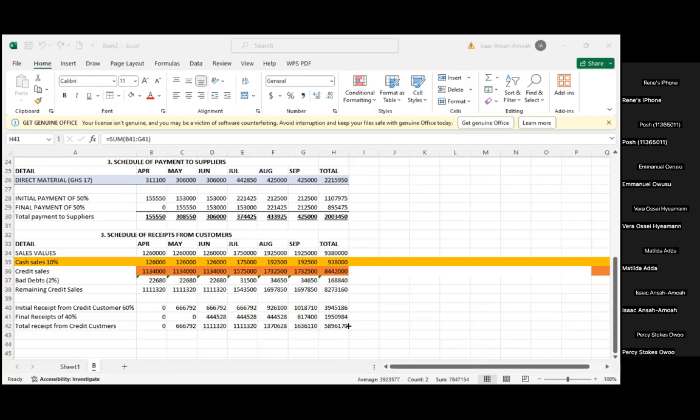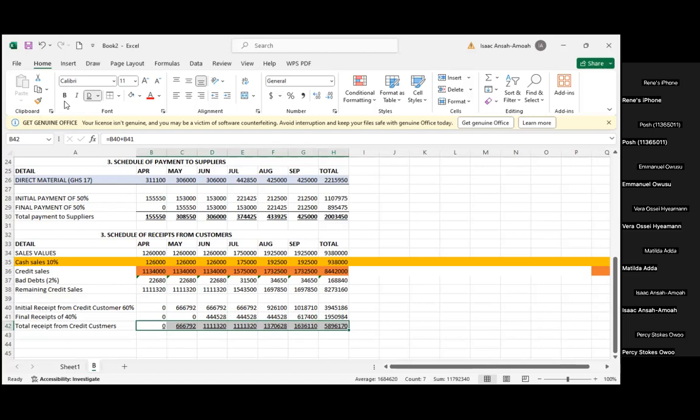Okay. All right. So if you go to the cash budget, this information is so relevant there. This information, this one, the total. So I overheard someone say, Isaac, can we highlight the cash sales and then something else also? Okay, let me underline the credit sales. So the total receipt from credit customers.